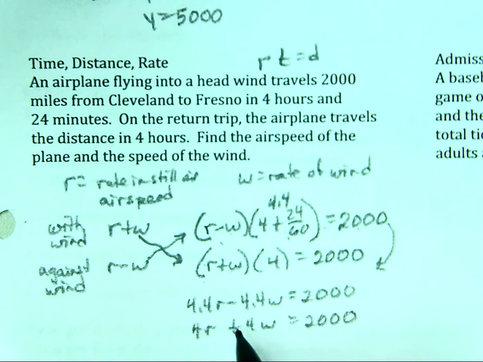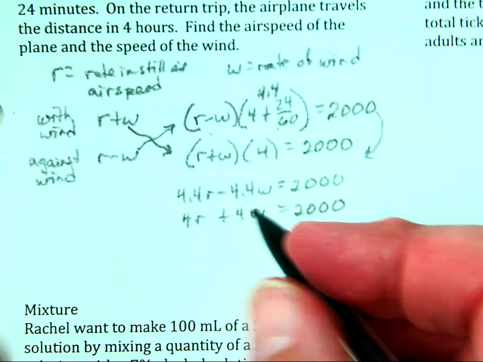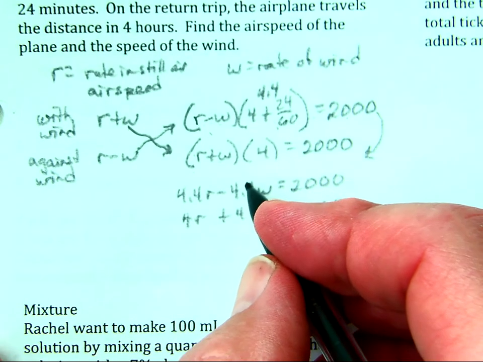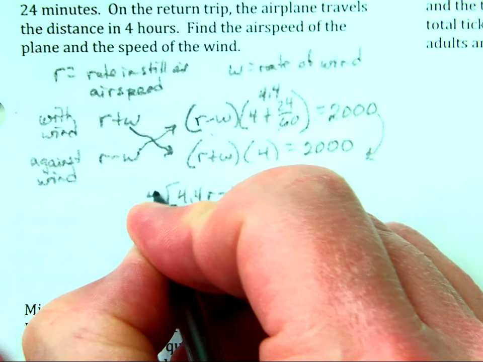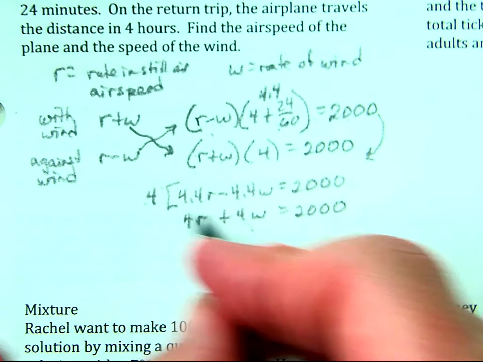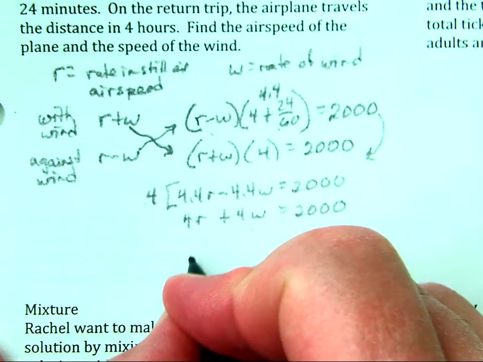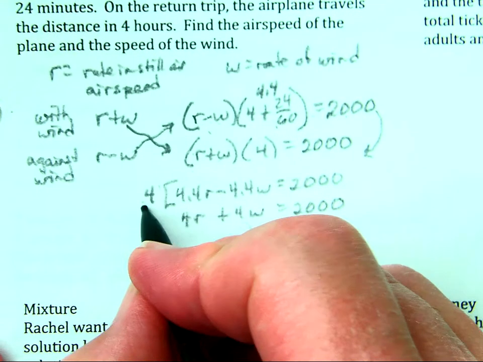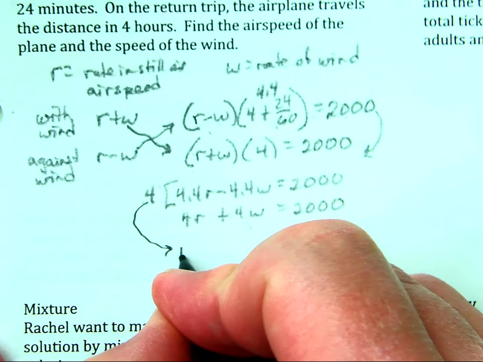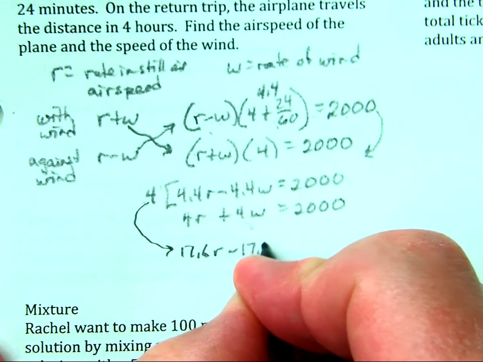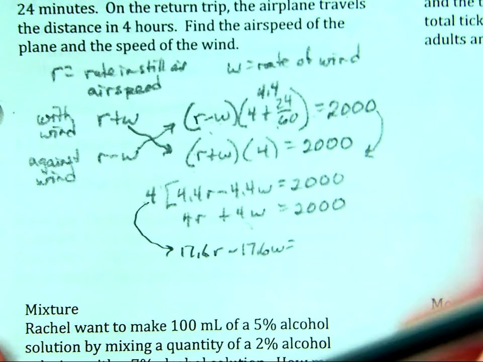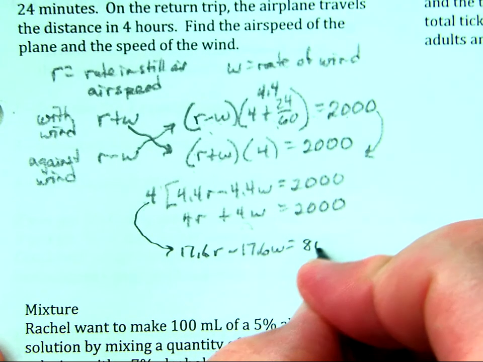Now, we would like to cancel out one of the variables. Well, here, think of the cross multiply thing. Here I have a negative W and a positive W. So let's multiply this top equation by 4. So that's like the cross multiply part. That would be 17.6R minus 17.6W equals 8,000.